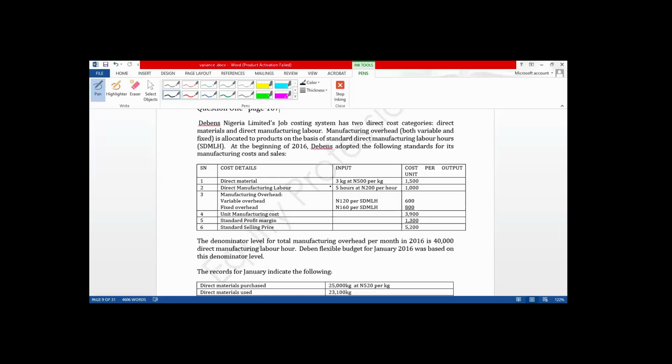If you have produced 7,800, how many kg of material are you supposed to use? 23,400. Correct. You multiply 7,800 by 3. That is the standard material required for actual production.